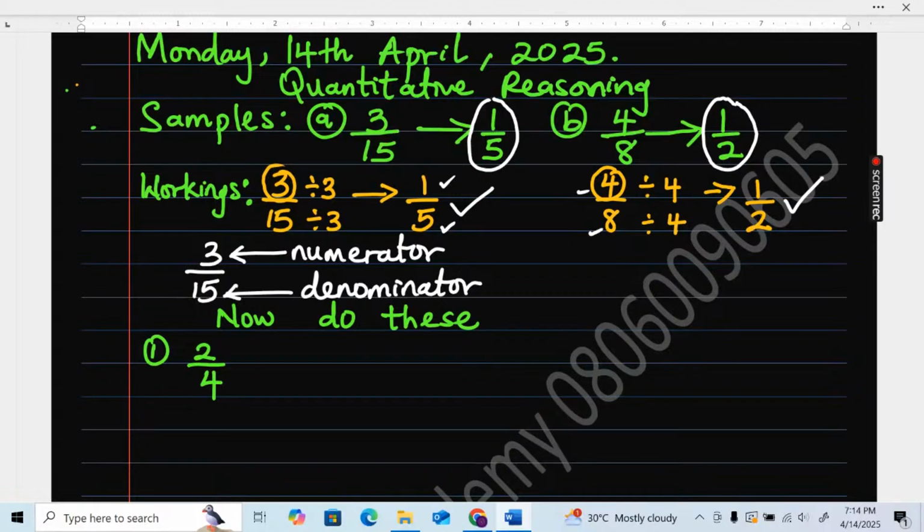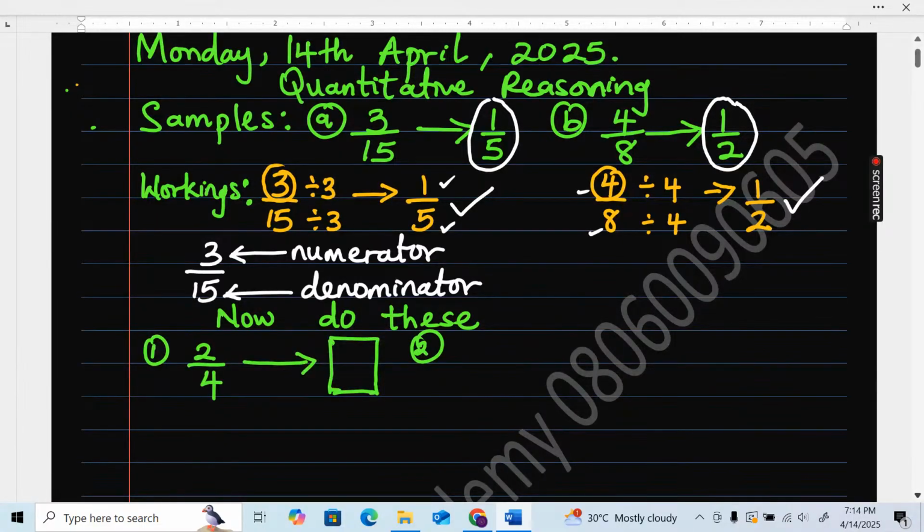What will 2 over 4 give us? Figure out the answer. Make sure you show your workings. I like you to do it before I will do it for you. What will 2 over 4 give us?